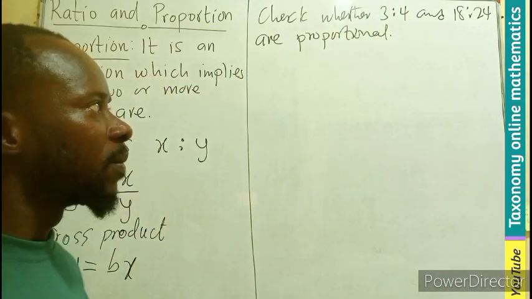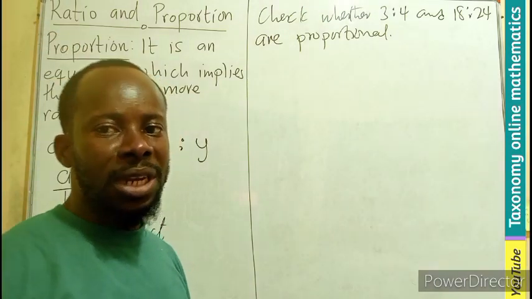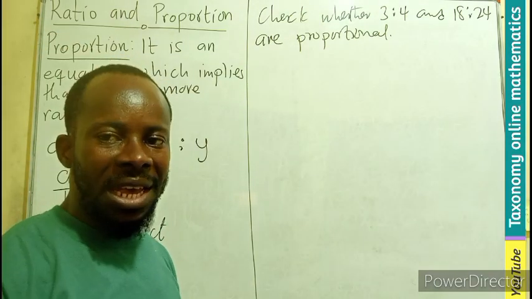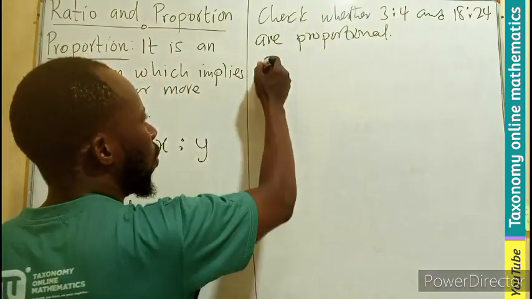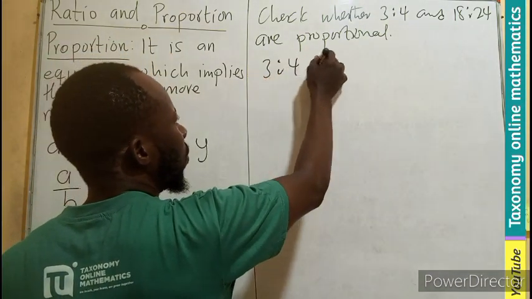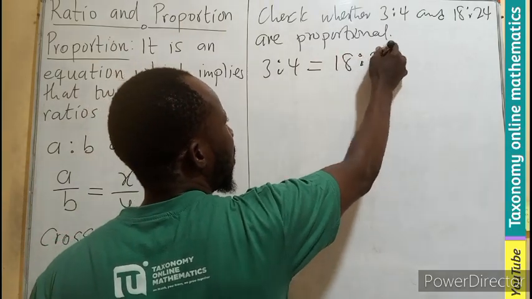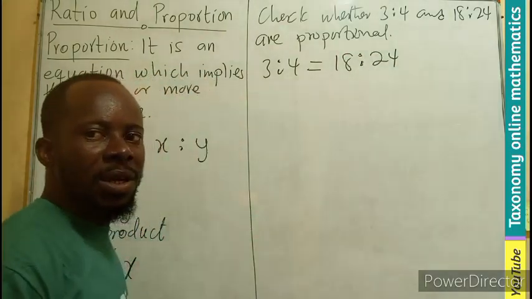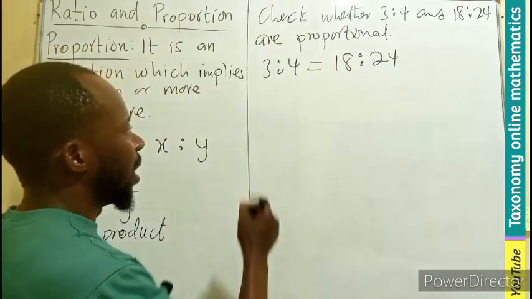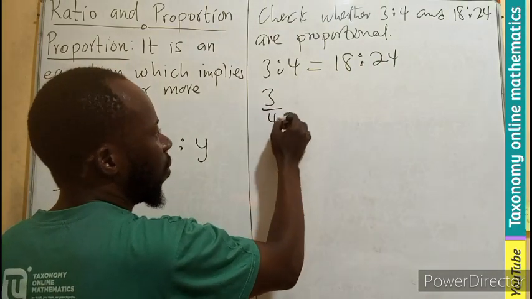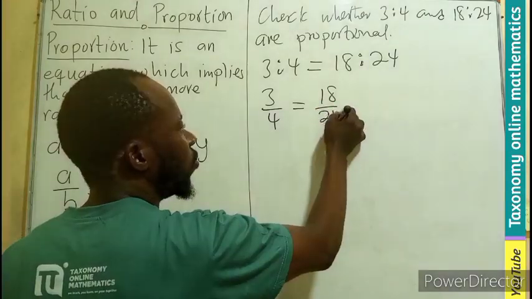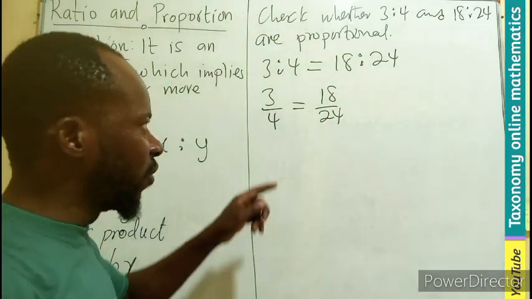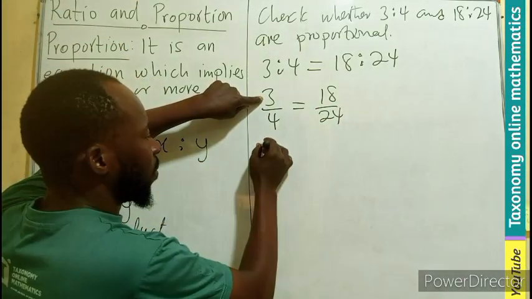If they are proportional, their cross product is supposed to be the same. So 3 is to 4 equals 18 is to 24, written as a fraction: 3 over 4, 18 over 24. So let's find their cross product.